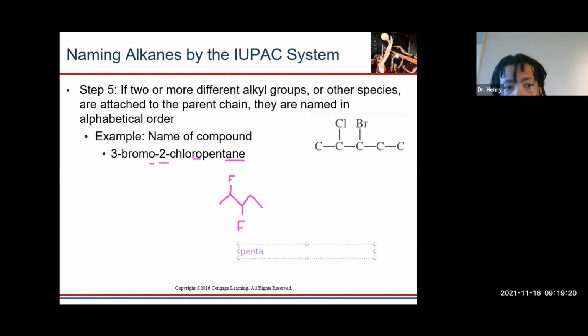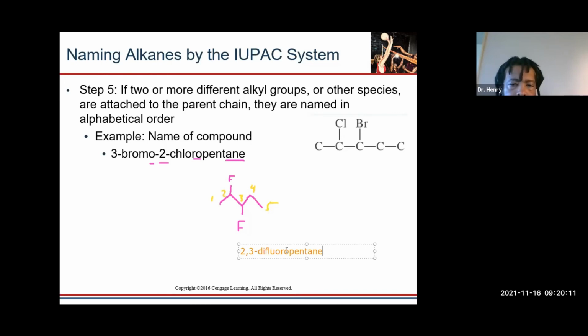And then it's all single bonds, so we put that -ane. Now, since there's 2 fluorines, one on the second carbon and one on the third carbon, we'd call that guy 2,3. Since there's 2, di-fluoro. Penta.